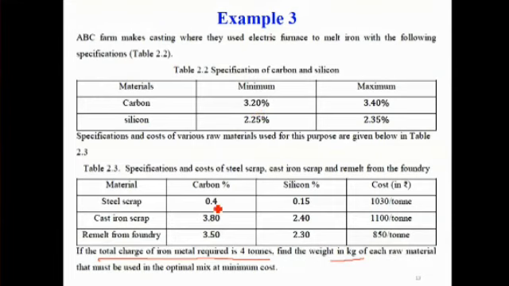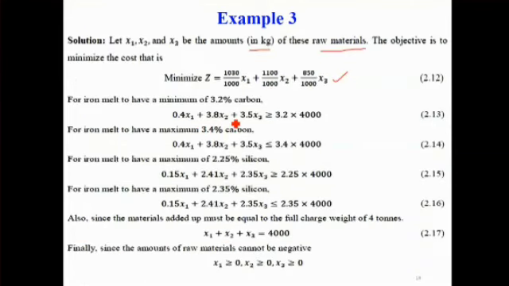So how will we write it? 0.4 x1 plus 3.80 x2 plus 3.50 x3 should be greater than or equal to 3.20, because this is a minimum value. Above that it is possible, but not beyond 3.4.